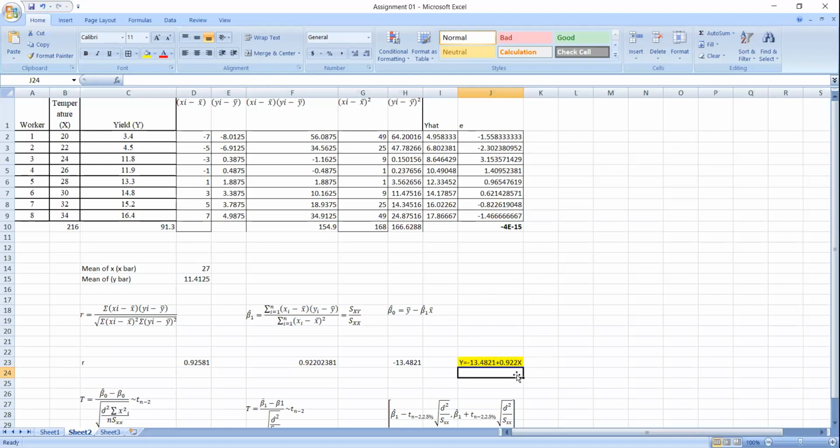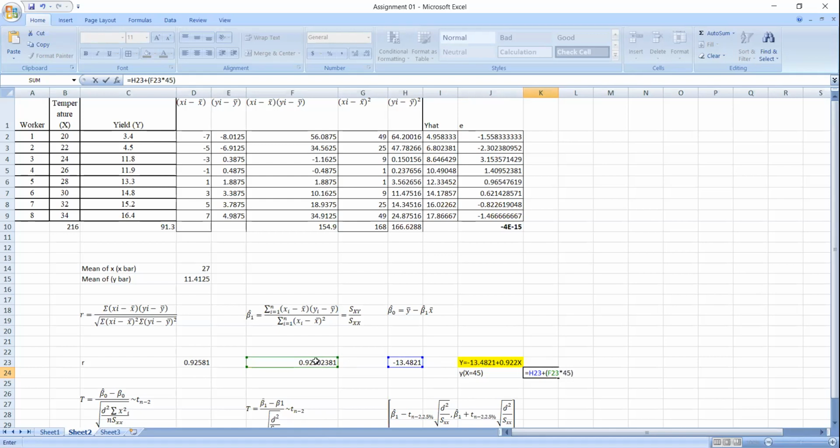So I'm going to find the yi hat value when x equals 45, right? So this is equal to the model equation, beta naught value is this plus beta 1 value is 0.922 into, now our x value is 45.